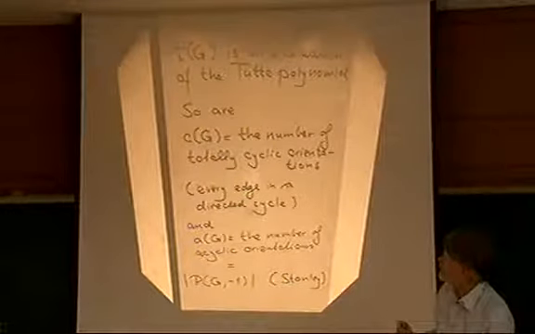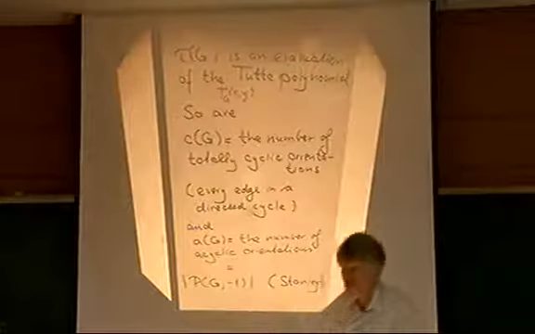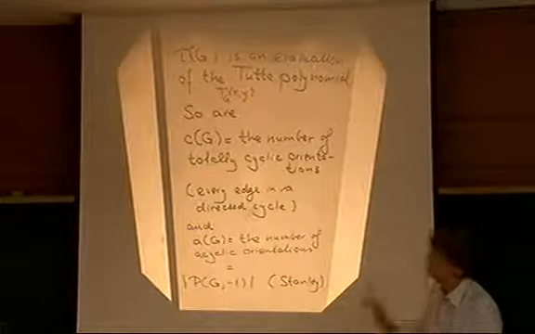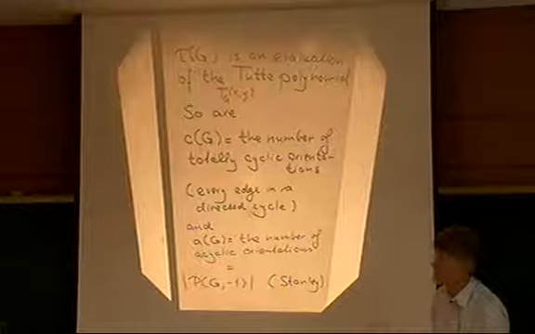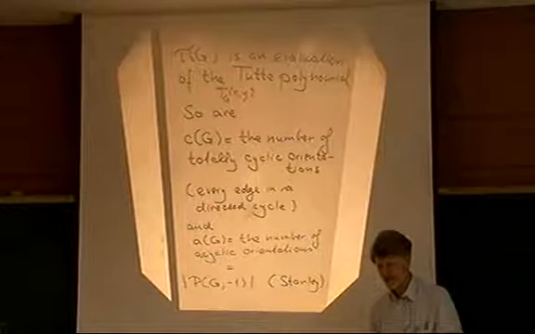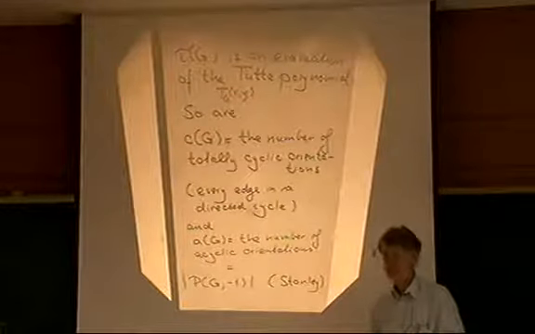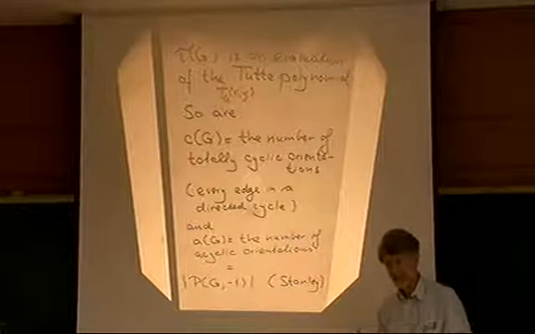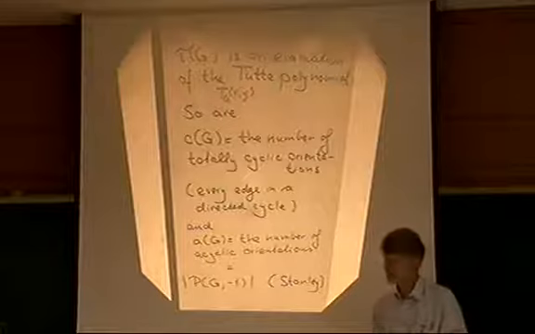I don't know if you know the Tutte polynomial. It's a polynomial of two variables, x and y. Whenever you have a graph, there is a Tutte polynomial associated with the graph. I'm not going to say what it is, but it's a polynomial which is very interesting in graph theory. It's interesting in matrix theory, but now it's also interesting in physics, in statistical mechanics.